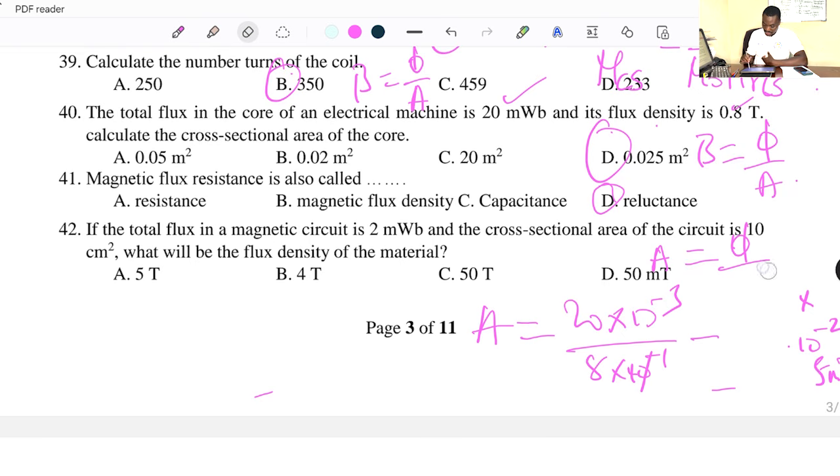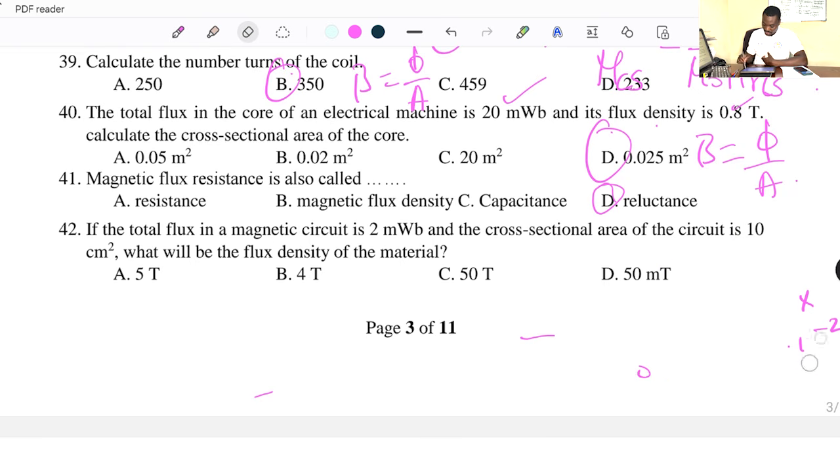Move on to question 42. If the total flux in a magnetic circuit is 2 milliwebers and the cross-sectional area of the circuit is 10 centimeters squared, what will be the flux density of the material? Again, you can see we are given the flux and this time the area. The magnetic flux density is just magnetic flux over area.